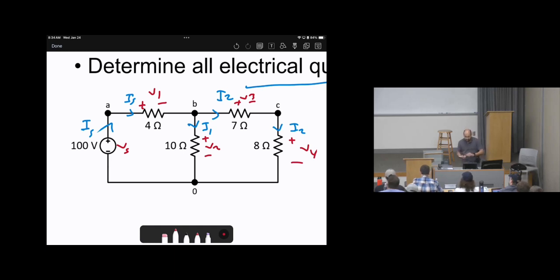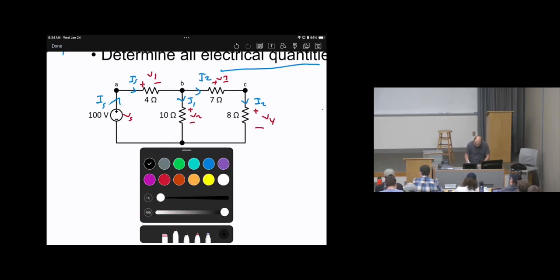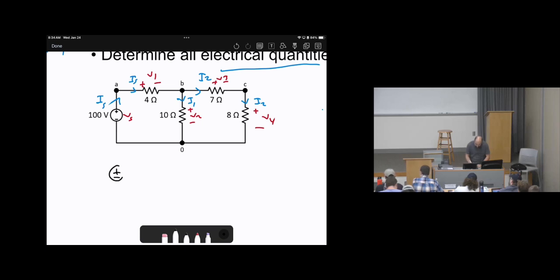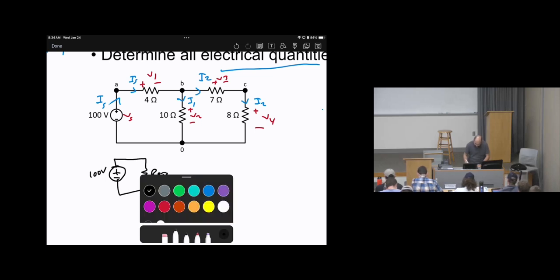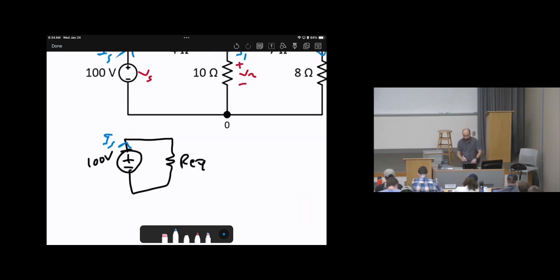So basically, we modify this circuit to look like this: 100 volts, R equivalent, and here is I source. If we can find R equivalent, then the only unknown is I source.